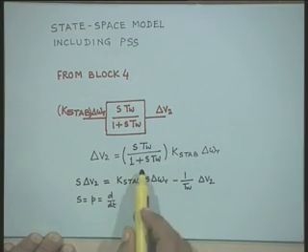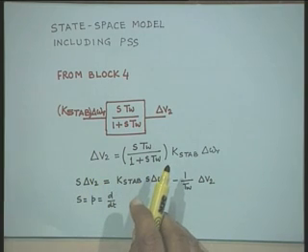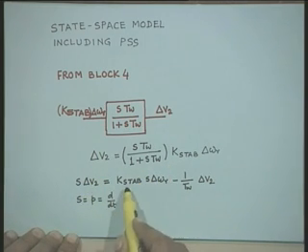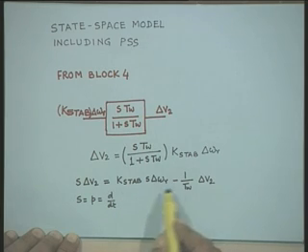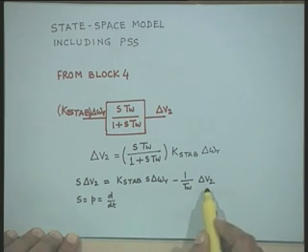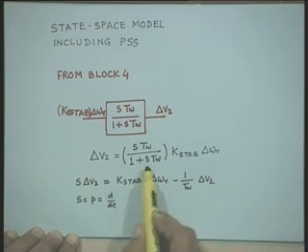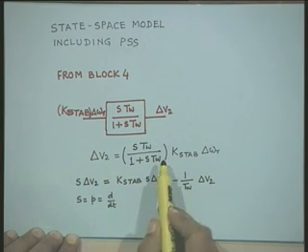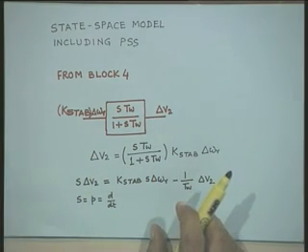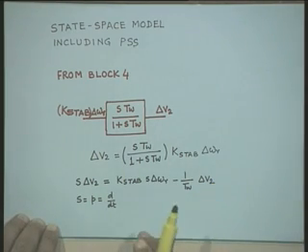Now, you perform the similar operation, and you will find that S times delta V2 equal to K step S delta omega r minus 1 upon Tw delta V2. Okay. That is, you cross multiply and then collect the terms, so that you put S delta V2 on the left hand side and all other terms on the right hand side.